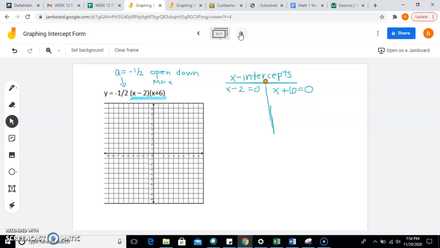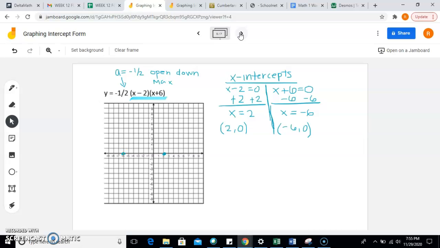On the left-hand side, add 2. On the right-hand side, subtract 6. So at (2, 0), I would have a point, and at (-6, 0), I would have another point.